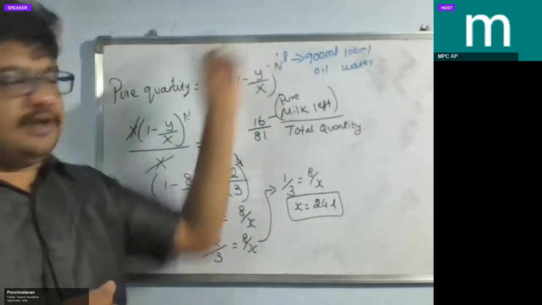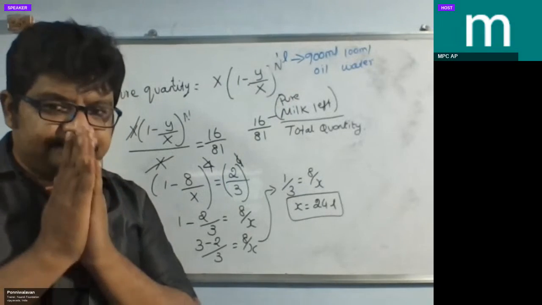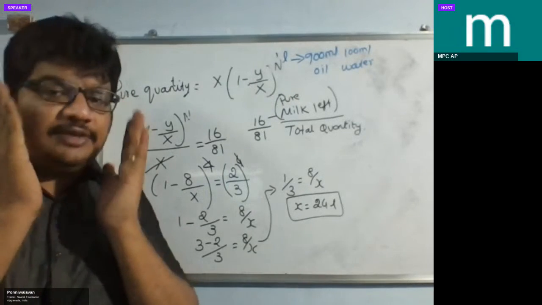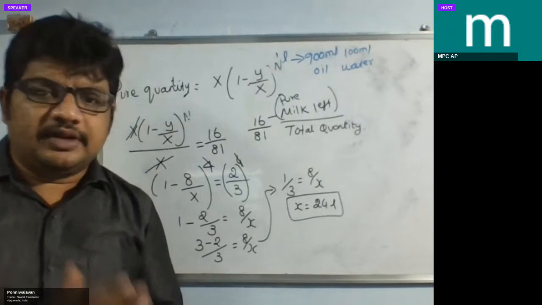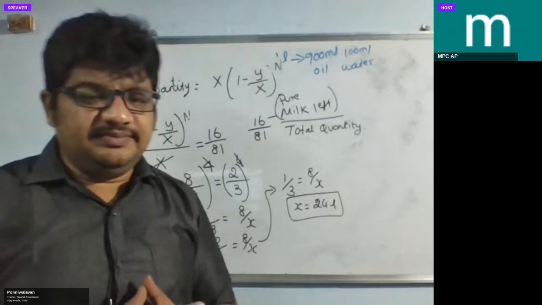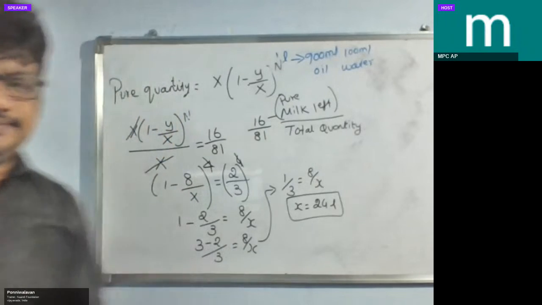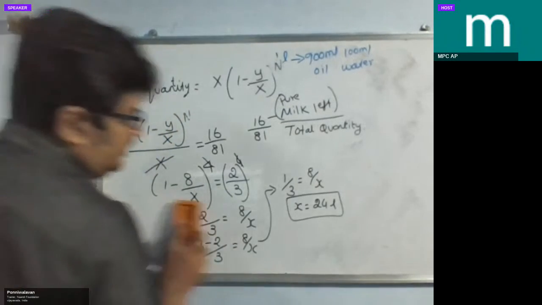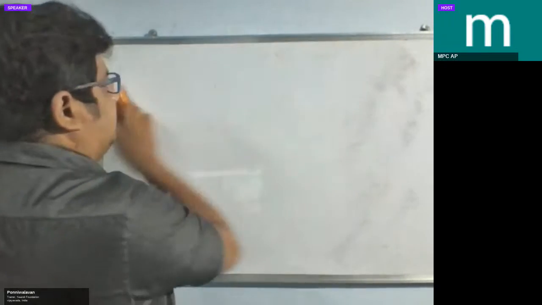This is the formula. Clear? And this is one of the important topics. You can expect questions from here in Infosys. Alligation and mixtures, you will surely get a question. Even in data sufficiency you may get a question from here.